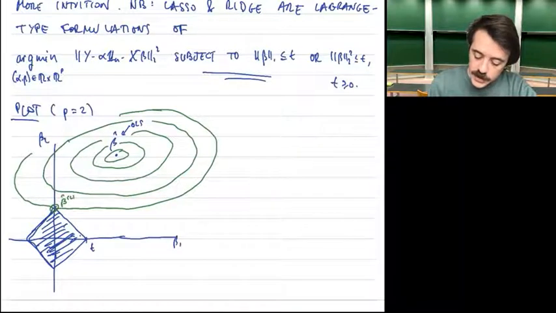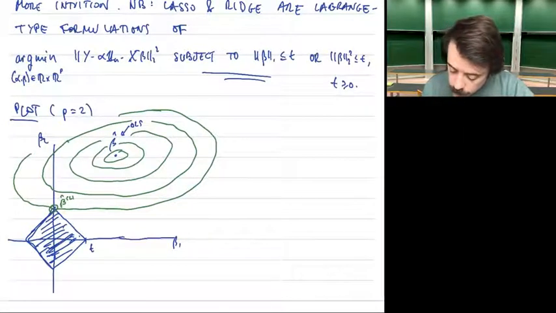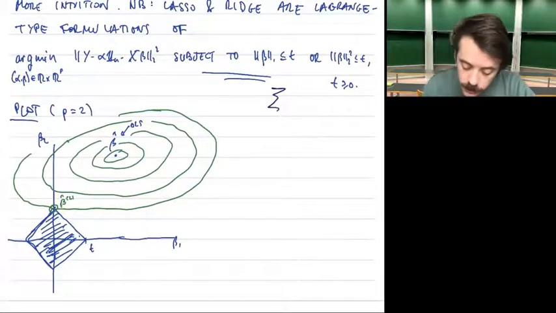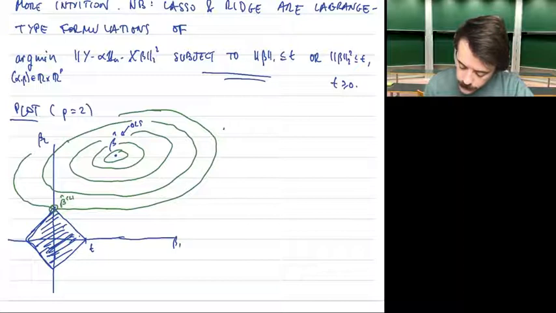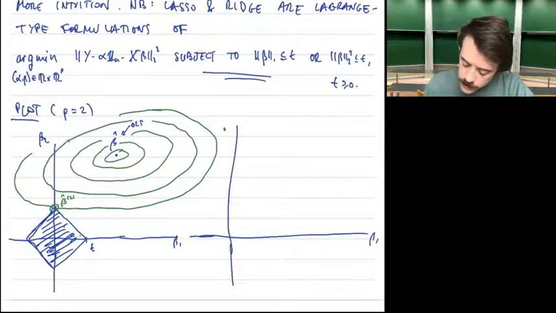So we can do exactly the same thing for ridge. So this is beta 1, beta 2, and this is t, say.